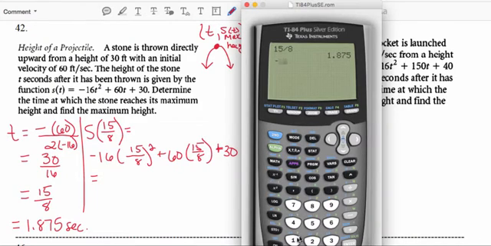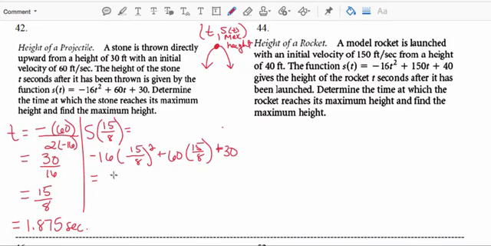Okay, so we have negative 16 times 15 over 8 squared plus 60 times 15 over 8 plus 30. And you get 86.25 feet.